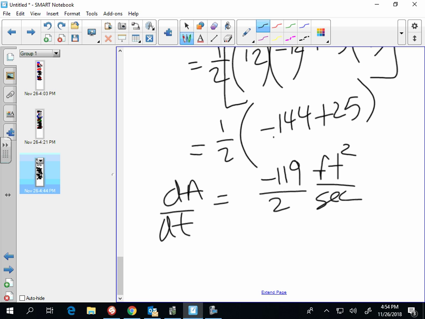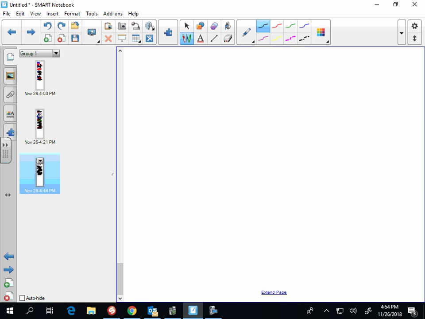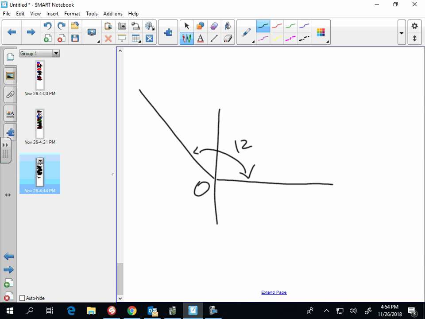Okay, so that's number 9. Number 10, I don't want to do. I'll set it up for you. It's kind of like an intersection problem, except it's not. Two ships are moving away from point O so that they're 120 degrees apart.